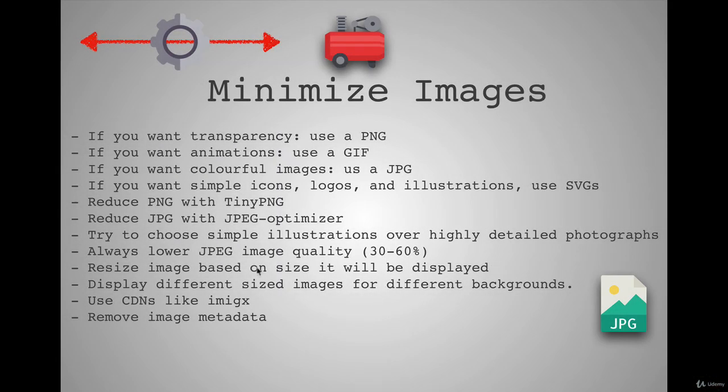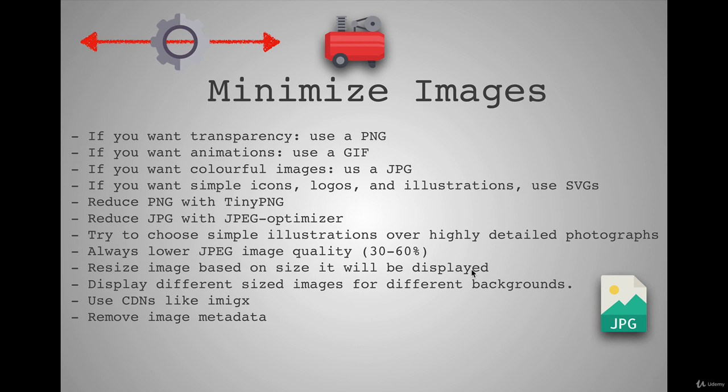We're almost there. Let's look at resizing images based on the size they will be displayed. And this is self-explanatory, but something that not a lot of people do, and I see this mistake being made all the time. You want to start by matching up the image's resolution to the size that is actually displayed on a website.